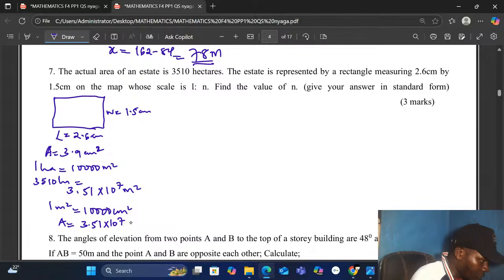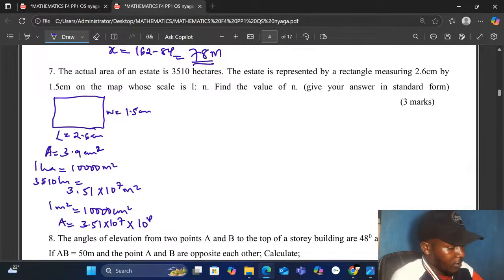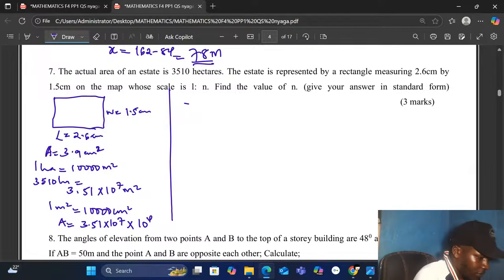Then we still multiply by 10 power 4. So that we have 3.51 times now 10 power 11. It becomes times 10 power 11. Now this is square centimeters.